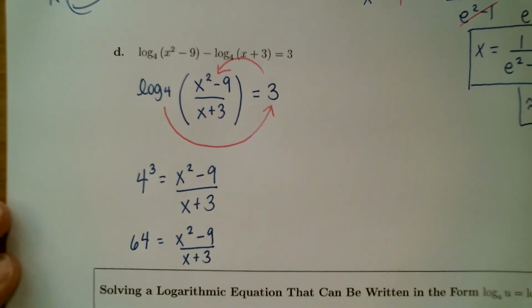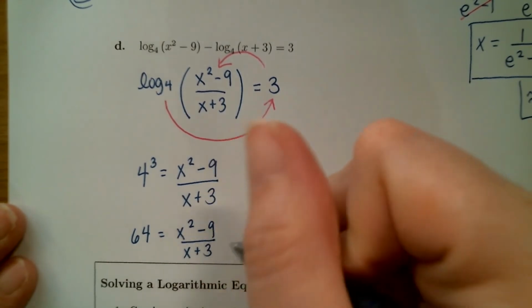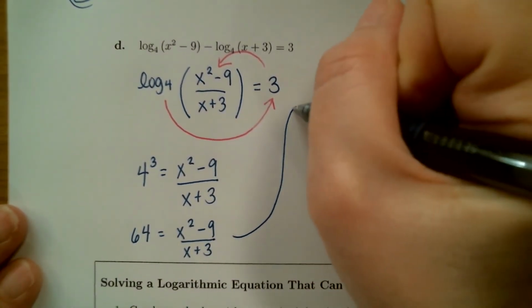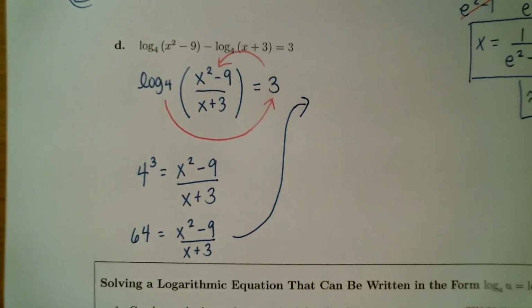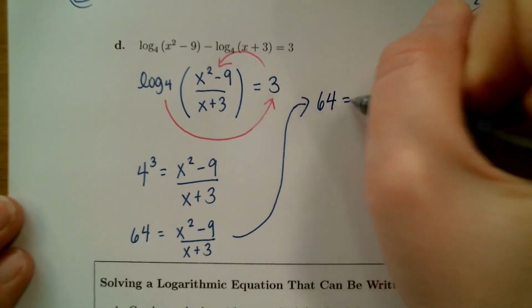Again, we have another fraction, looks a little intimidating. So let's go over here to get some more room. Not sure if you see this or not, but what's going to happen here is that the top is going to factor. So the left side is going to stay 64.